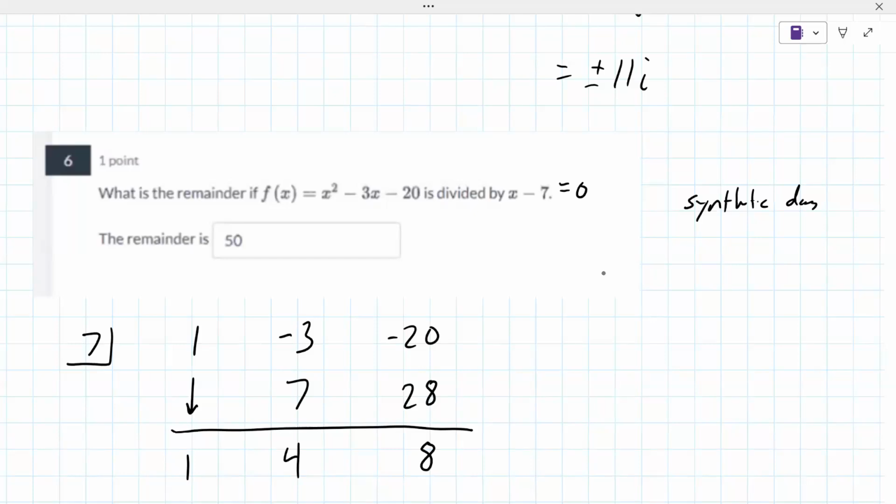So the remainder would be 8? That last number is the remainder, yes.